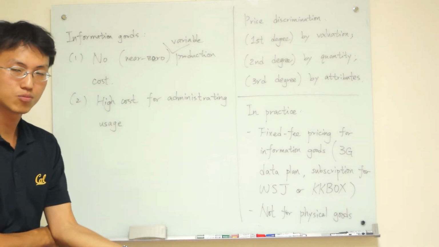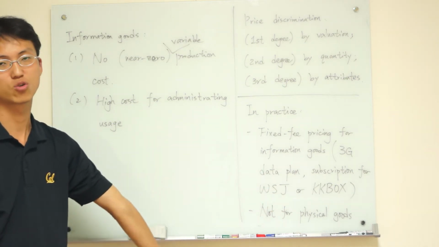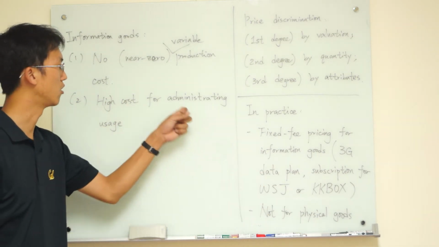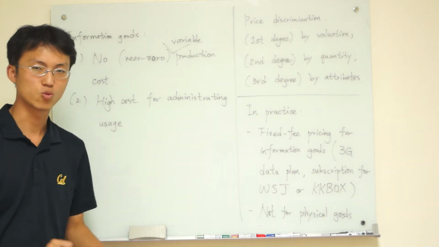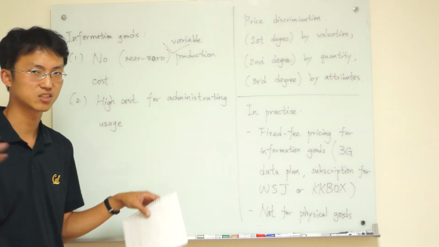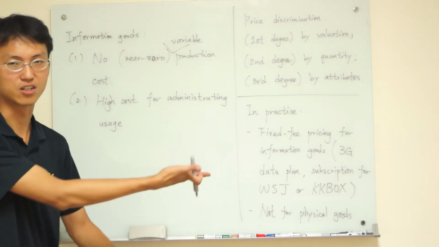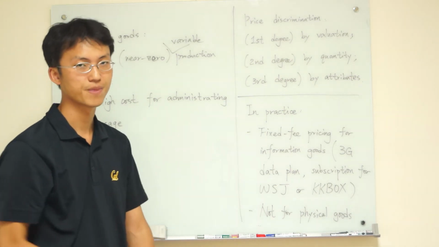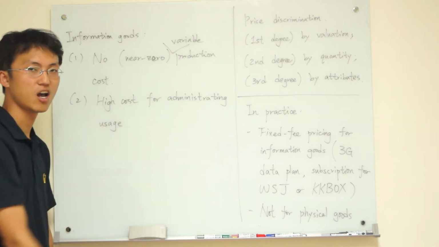When you allow people to use information goods, or if you want to charge them according to how much they use, then you need to somehow administrate how much they use. Probably you want to ask why this is hard, why do we have cost? Because it seems to be easy to track how many articles you read on Wall Street Journal, or how much you listen on KKBox. So that may be true, but in fact, administration costs are more than that.